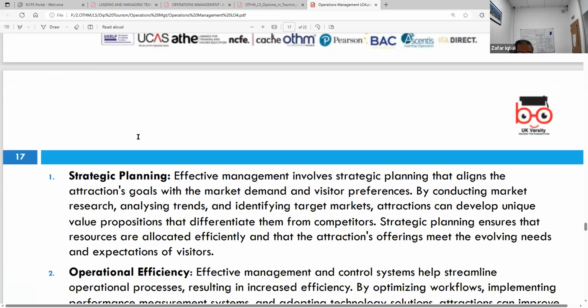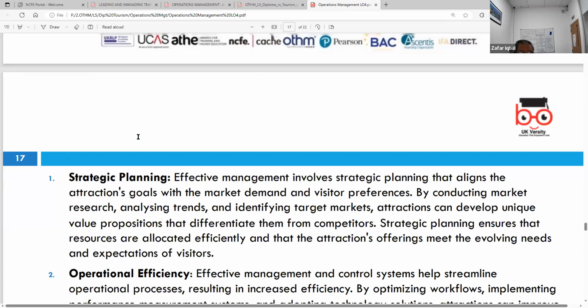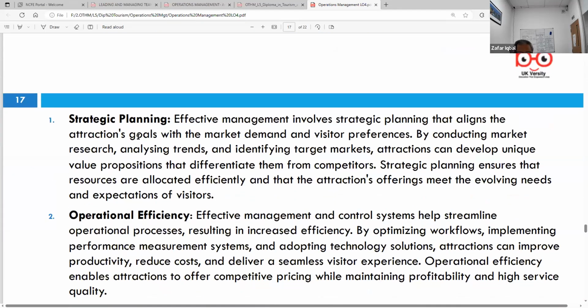Okay, we can stay better, we can stay competitive, we can stay in business by better planning, as we said earlier on, by strategic planning, i.e. planning for long-term use, making sure that our goals are there, making sure our policies are there, making sure that our planning is intact.